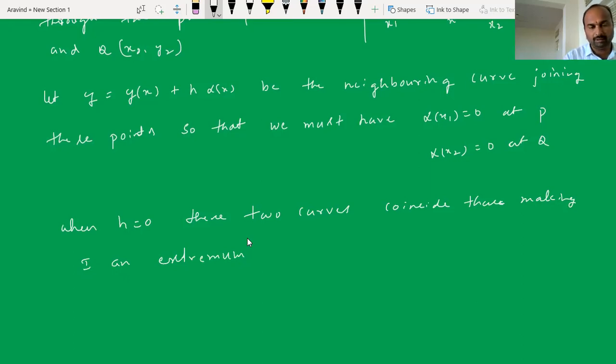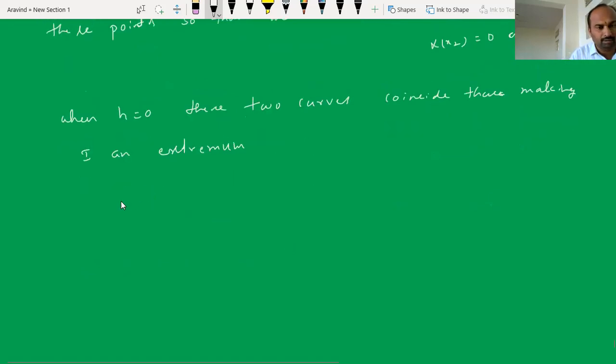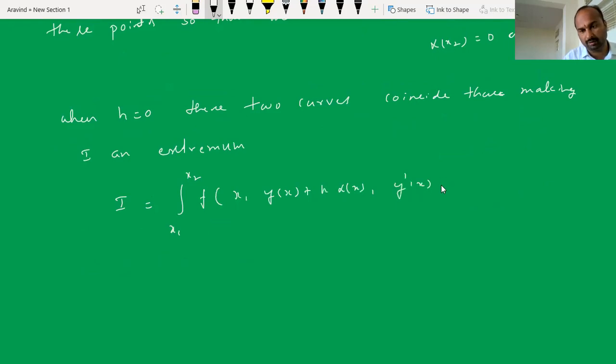So now write down the integral. The integral I = ∫ from x1 to x2 of f(x, y(x) + h α(x), y'(x) + h α'(x)) dx, because this is nothing but f(x, y, y').